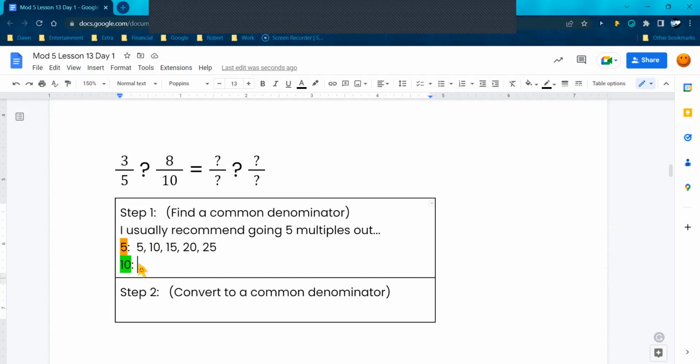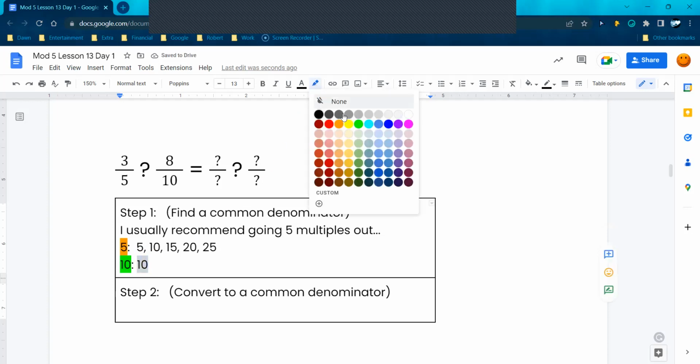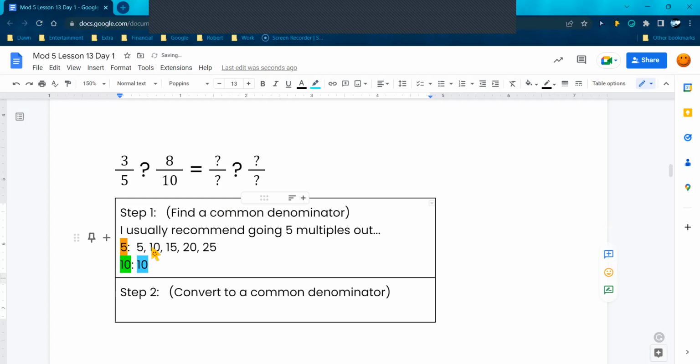Yes, you could do that. If you notice that, you can do that. But if you don't notice it, go 5 out. So right here, I'm going to do my 10s. And as you guys said, I can stop because they both have 10. I don't have to go any further. So I'm going to quick highlight my 10s because this is what we need.